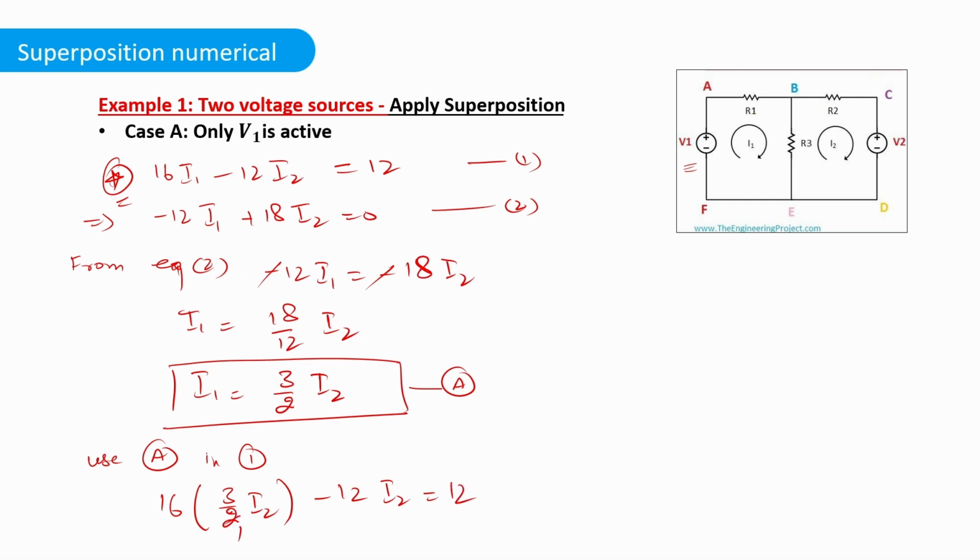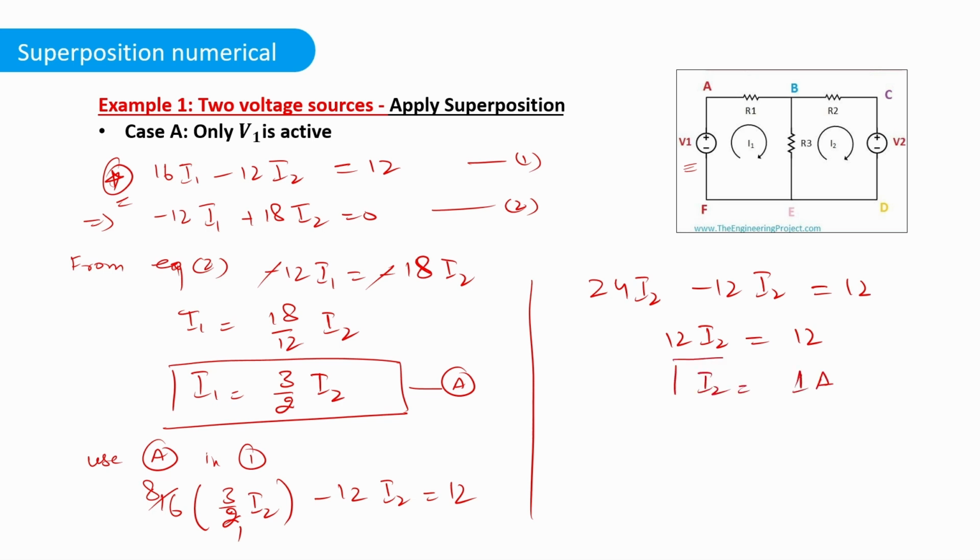So this equation I'm talking about will become 16 times 3 by 2 I2 minus 12 I2 is equal to 12. Now 2 1s are 2, 2 8s are 16. So 8 times 3 becomes 24. This becomes 24 I2 minus 12 I2 is equal to 12. And this becomes 12 I2 is equal to 12, and I2 becomes 1 ampere.